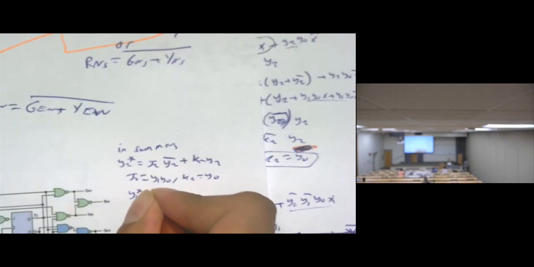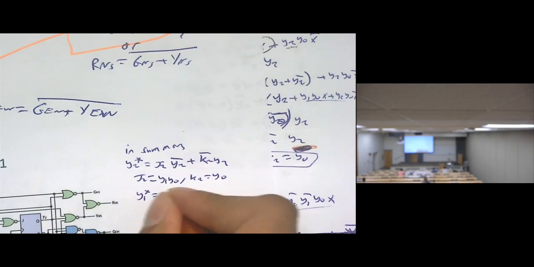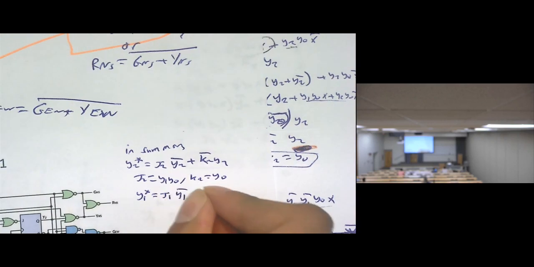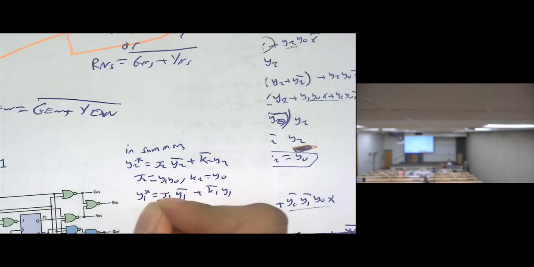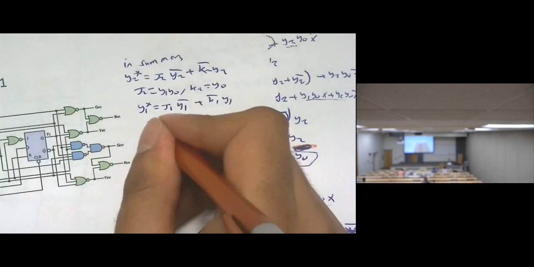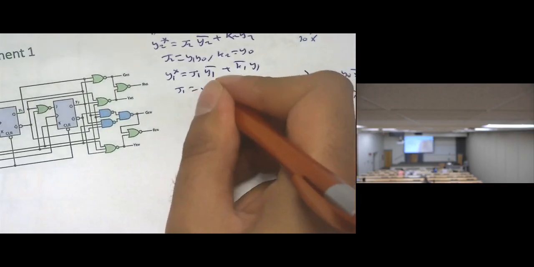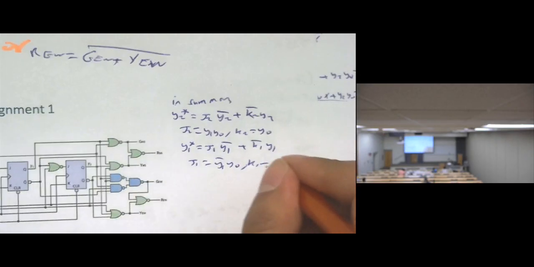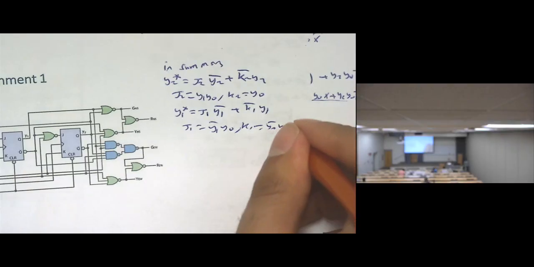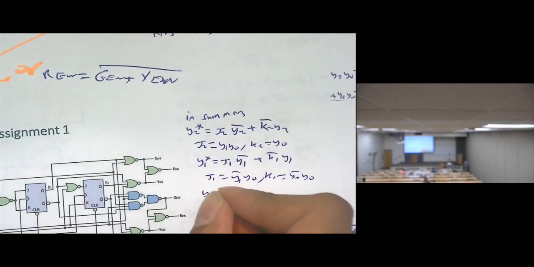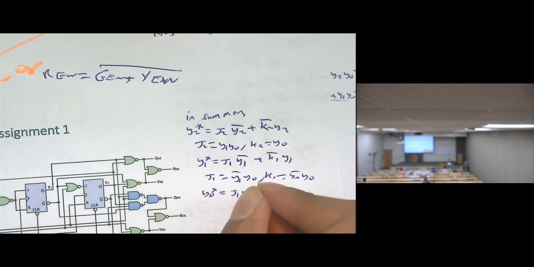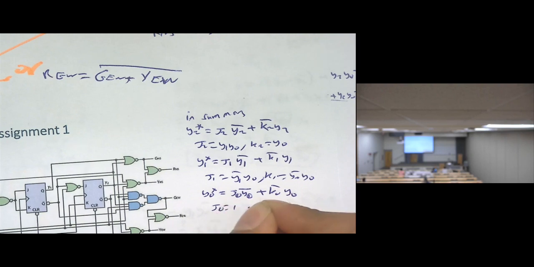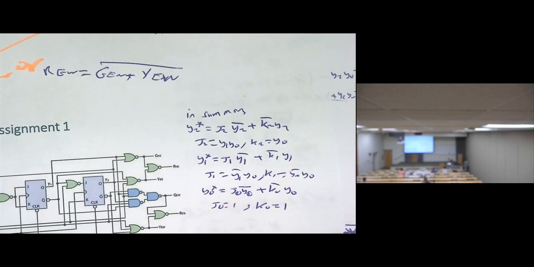Then Y1 star equals J1 Y1 bar plus K1 bar Y1, such that J1 equals Y2 bar Y0, K1 equals Y2 bar Y0. Then Y0 star equals J0 Y0 bar plus K0 bar Y0, such that J0 equals 1, K0 equals 1.